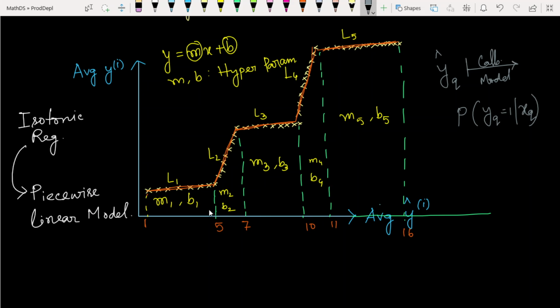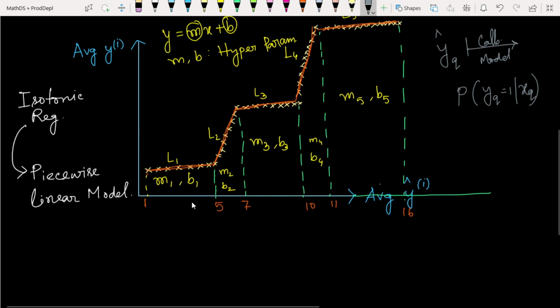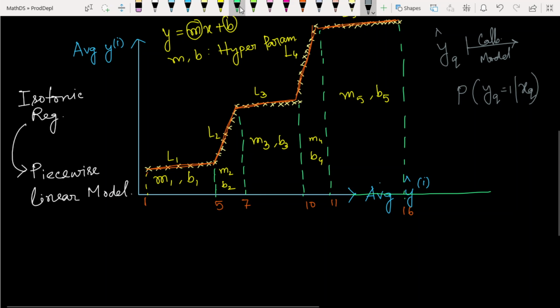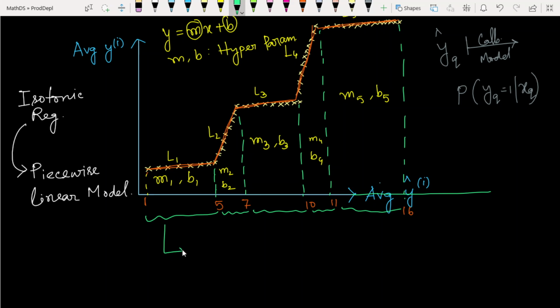So the first thing that we have to do is break these regions into parts. In this part, in this part, in this part, and in this part. So in these regions, it will break into yq hat. We break into these two portions, 1 to 5.